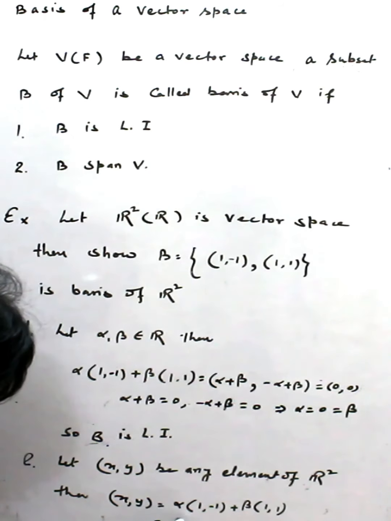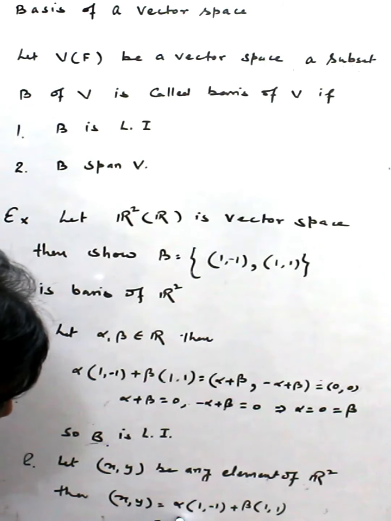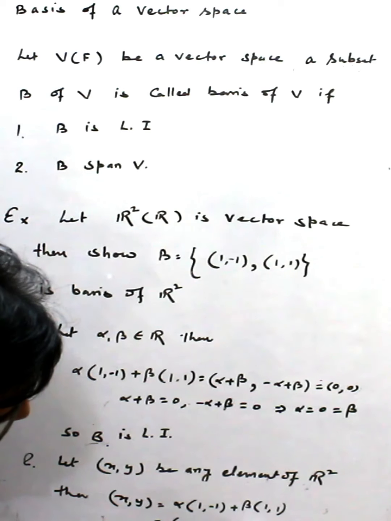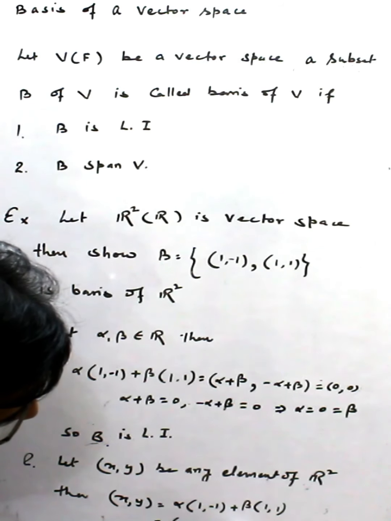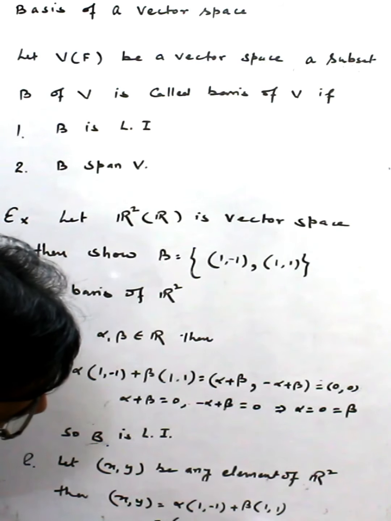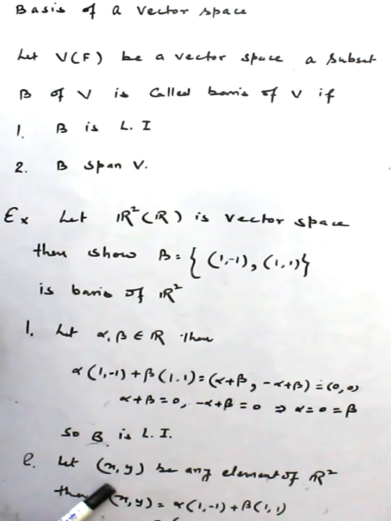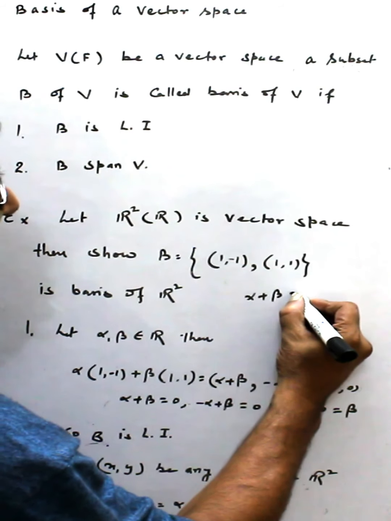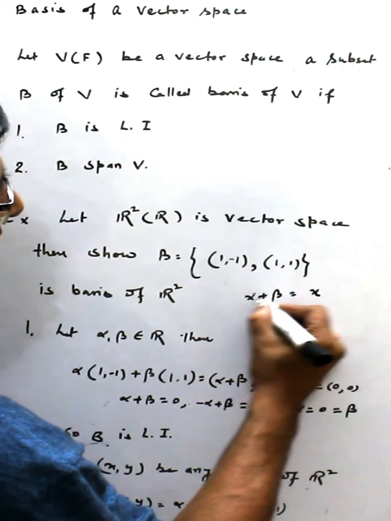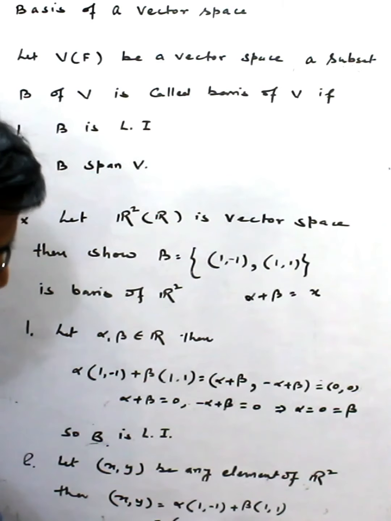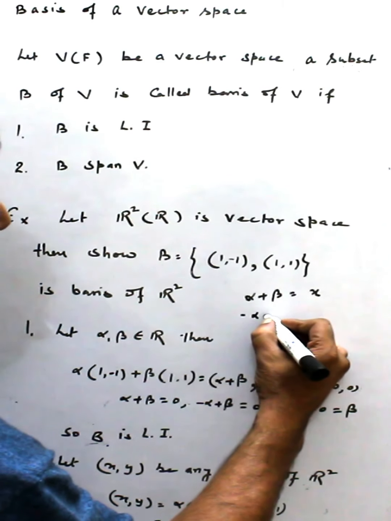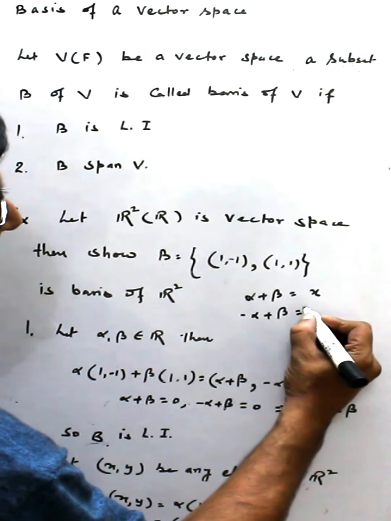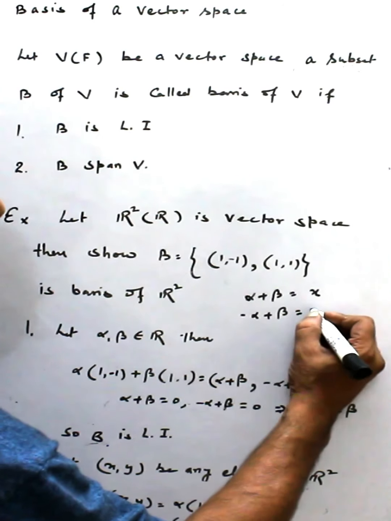That means this becomes alpha plus beta, and this becomes minus alpha plus beta. Now this gives alpha plus beta is equal to x, and from the second part, minus alpha plus beta is equal to y.